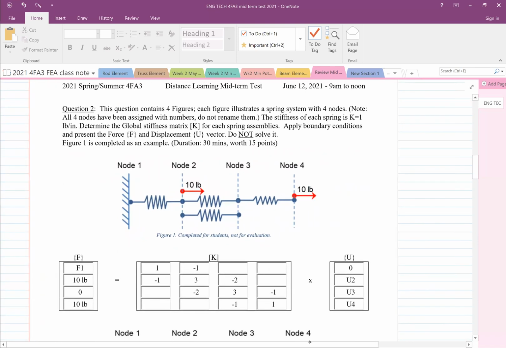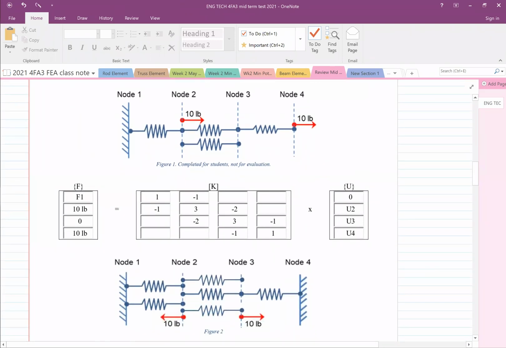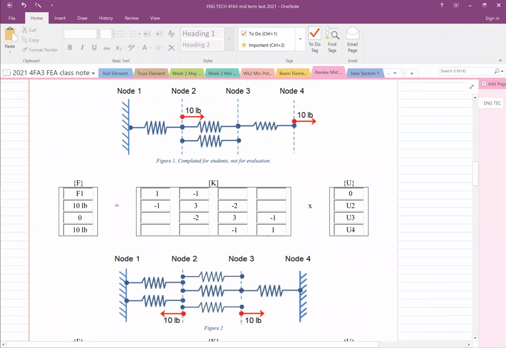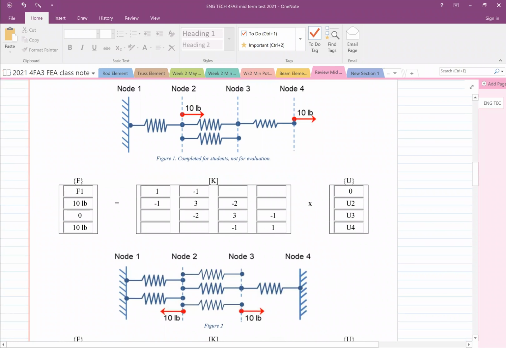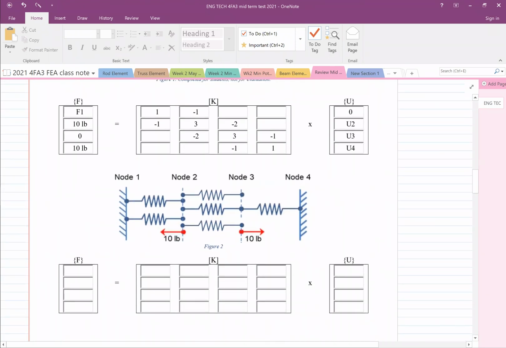Question 2. It's about 30 minutes, and it deals with spring elements only. Figure 1 is an example, and you just follow the same routine and work on all the other figures.